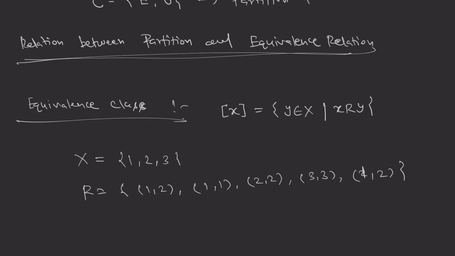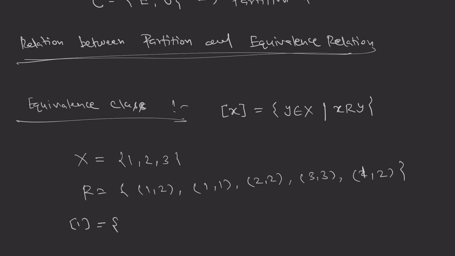Okay, so what is the meaning of the equivalence class of 1? This means 1 is related to which elements. Okay, so you can see that 1 is related to 2. What is the meaning of x related to y?